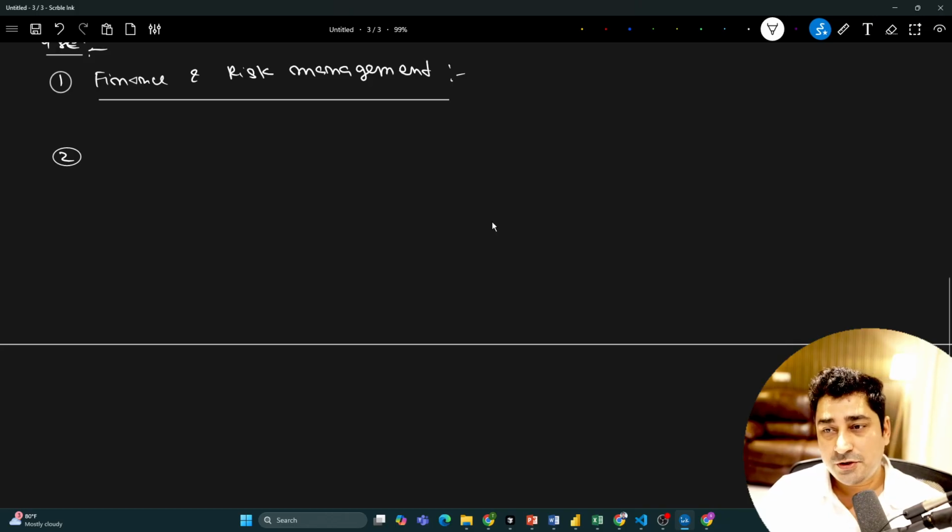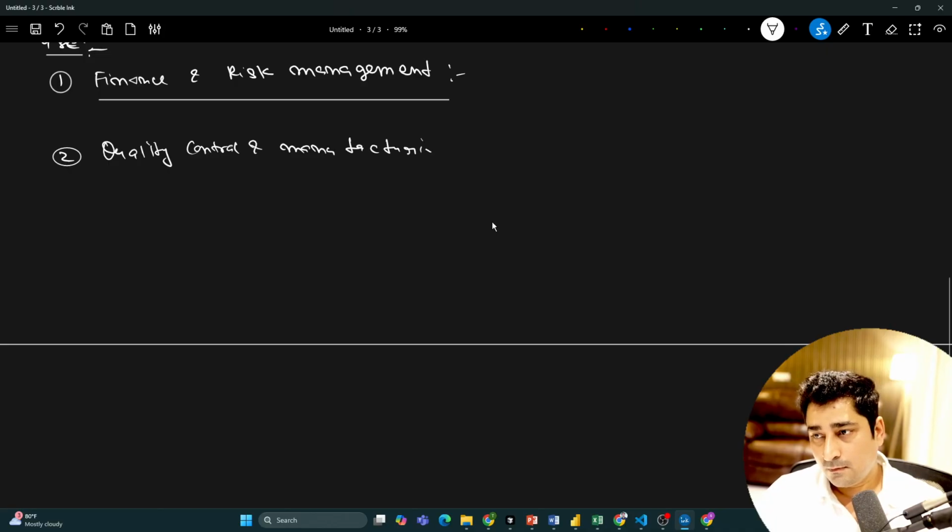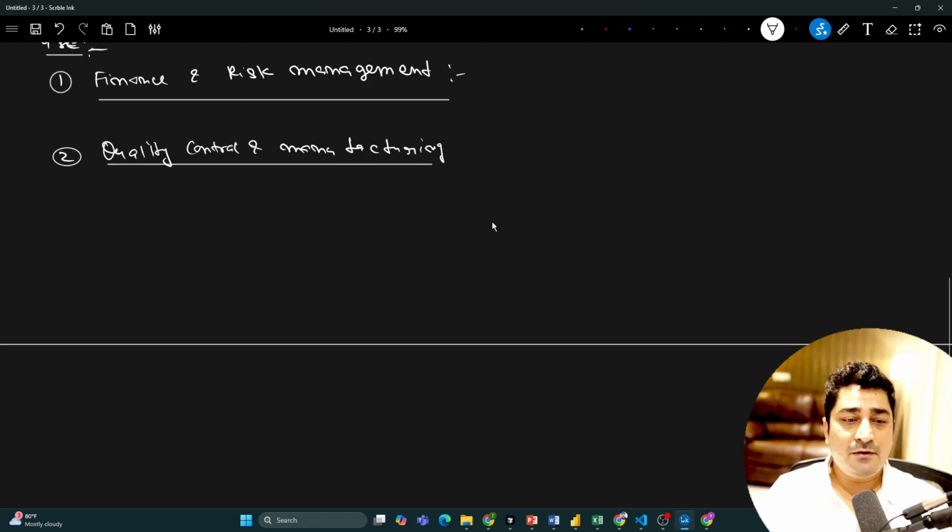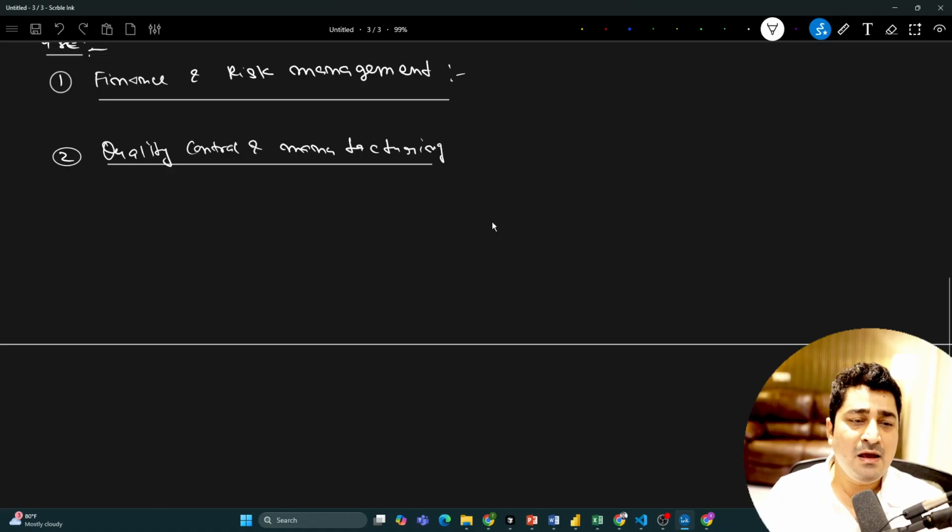Now, we try to use this in quality control and manufacturing. Even over here, if we have a high kurtosis, we can say that there will be multiple outliers or multiple failures.